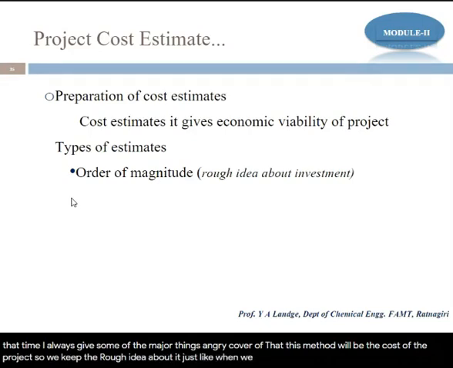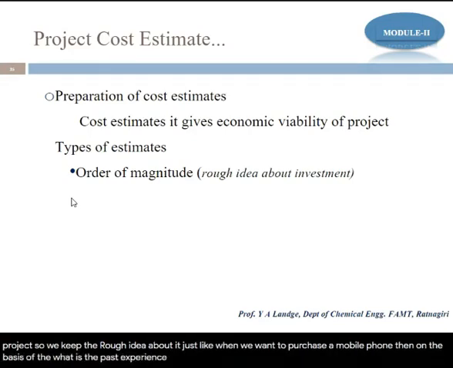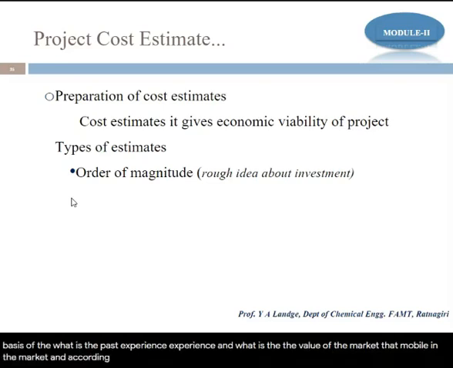Just like when we want to purchase a mobile phone, on the basis of past experience and the value of the mobile in the market, we say this may be roughly the cost.